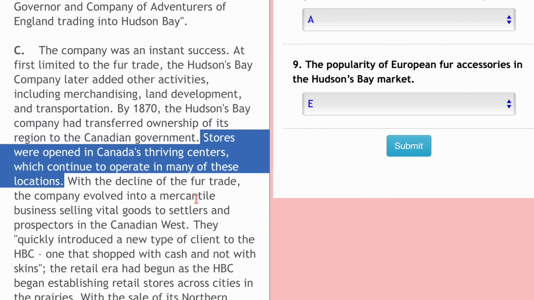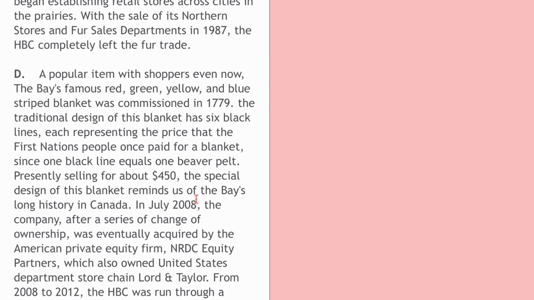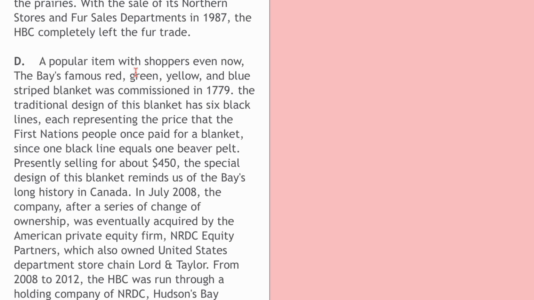Very good. So let's go to paragraph D. A popular item with shoppers even now, the Bay's famous red, green, yellow, and blue striped blanket was commissioned in 1779. This is a famous blanket, it's true.